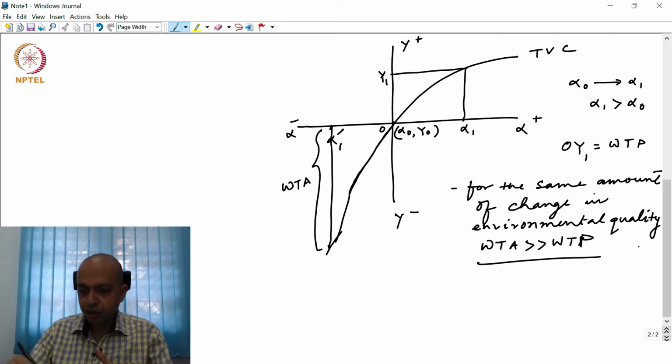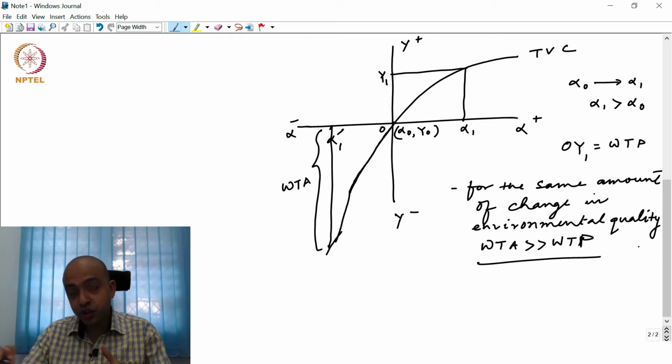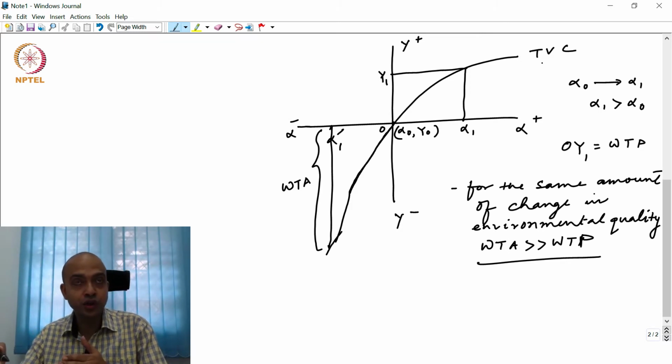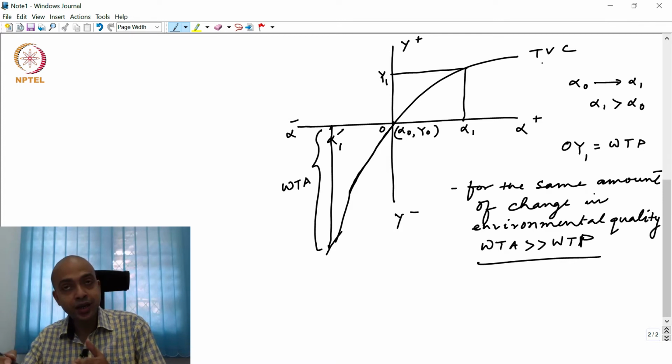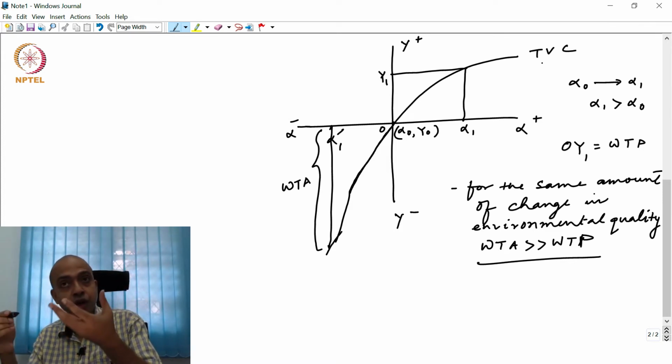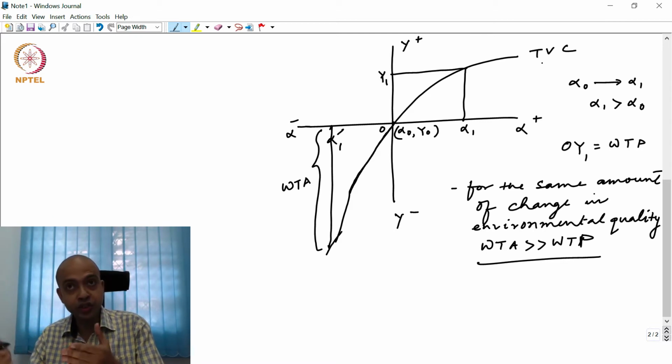So basically here, in this contingent valuation method, our objective is to estimate the total value curve of the individual, so that we can understand the individual's preference, and also estimate the economic value of certain environmental goods and services.